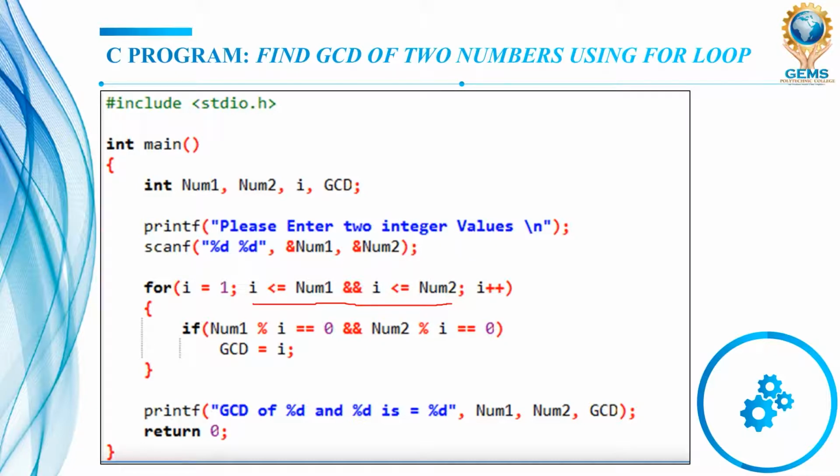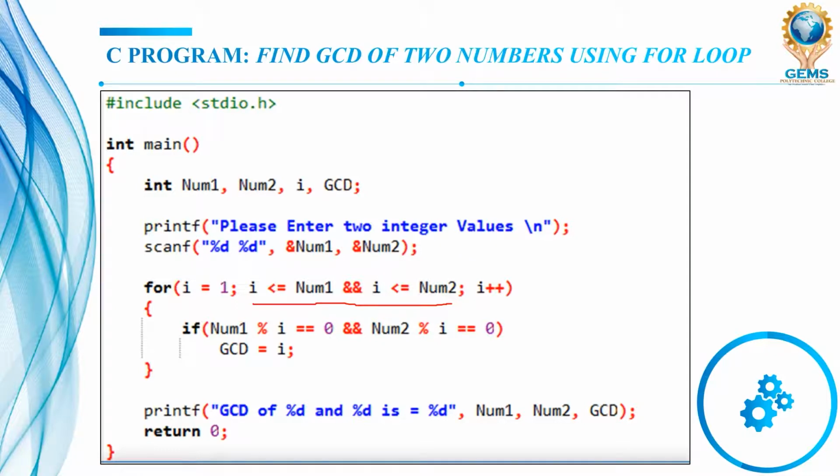This is the printf statement. So dear students, printf and scanf are the two statements which belong under the standard input output header file. Our program will start from the int main function.